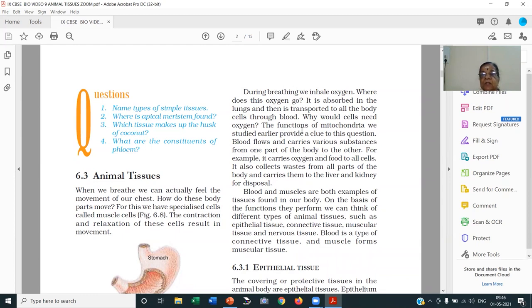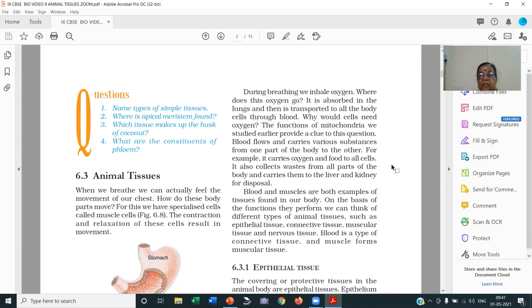The main function of mitochondria is to provide energy, is it not? Blood flows and carries various substances from one part of the body to the other. It carries oxygen and food to all the cells. These are the functions of blood. It also collects waste from all parts of the body and carries it to the liver and kidney for disposal. I hope you could mark it.